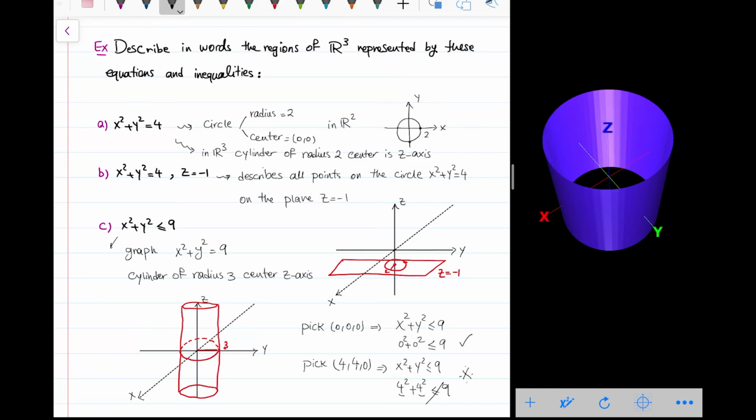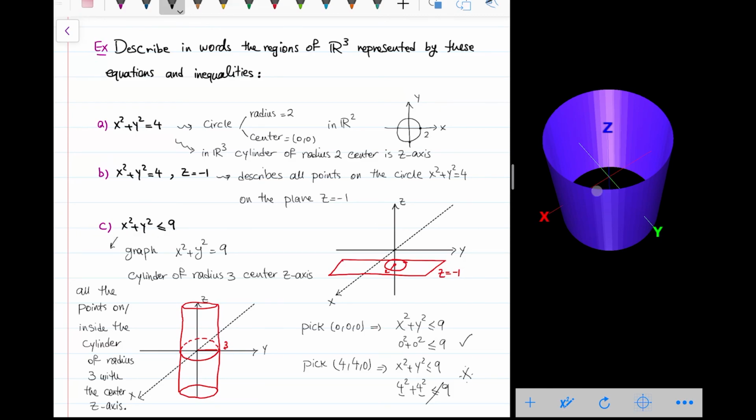So I'm going to say that this is all the points on, because we have equality as well, or inside the cylinder of radius 3 with the center the origin or the axis.